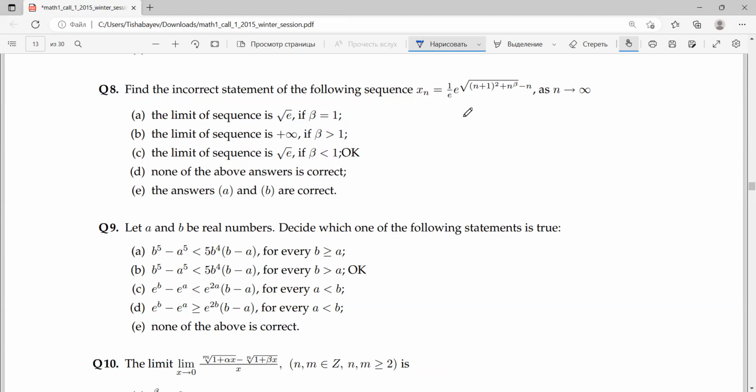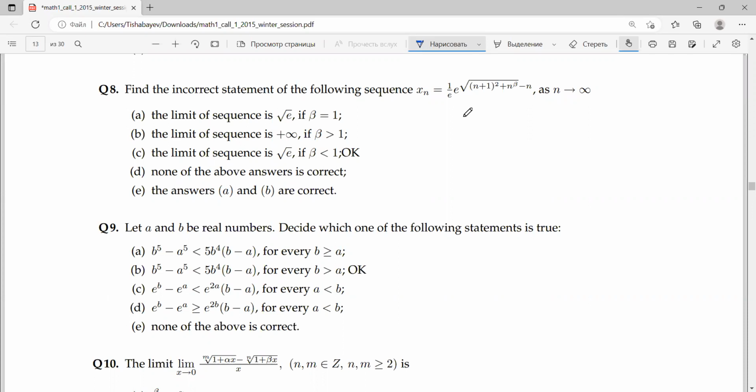How to find it here? You need to put beta again.